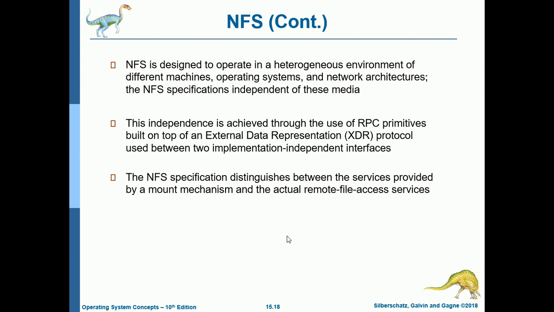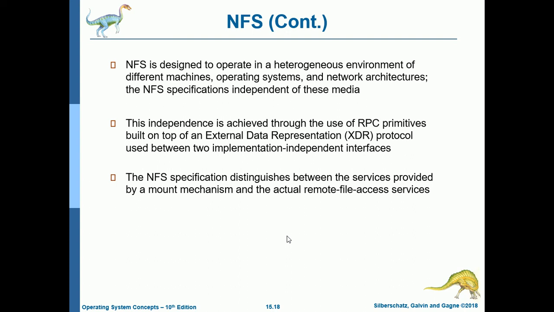So NFS is designed to operate in a heterogeneous environment of different machines, operating systems, and network architectures. The NFS specification is independent of these media. So it means disregarding whether your operating system is Windows, Linux, or Mac OS, or even if you're using a smartphone with the Android operating system, it does not matter to NFS.